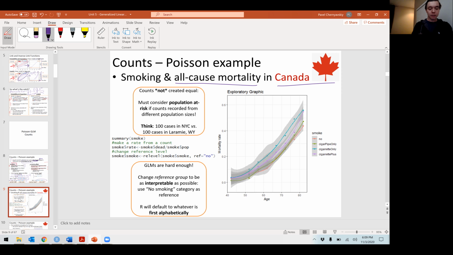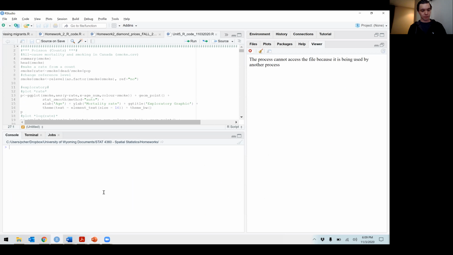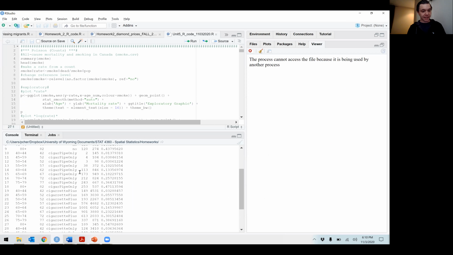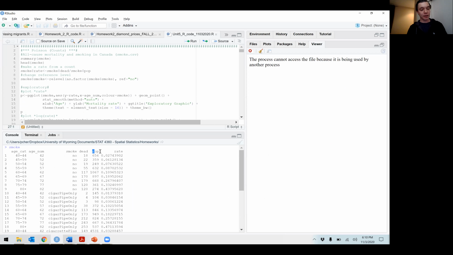So here, I have the data set read into R. The rows of my data set have the number of dead folks recorded, what age category this was referring to, whether or not they smoked, and what was the eligible population that could have died.